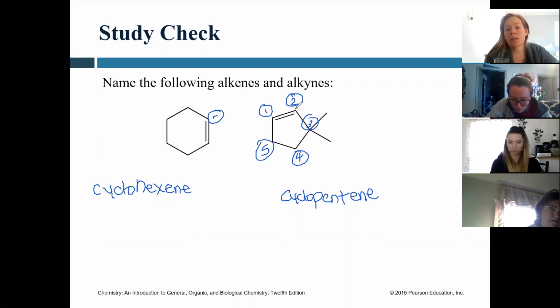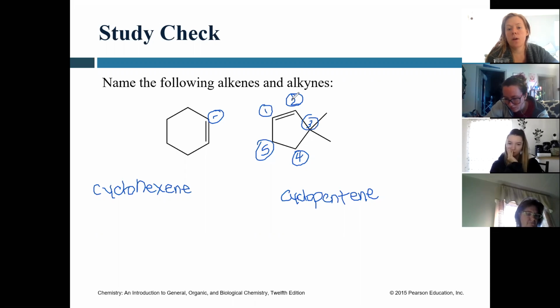You may be wondering, well, could we make this carbon 1 and then this carbon 2? No, the carbon 1 is where the bond starts. When you have this cyclo, the double bond will always be between 1 and 2. I wouldn't want to count this way because it would be 1, 2, 3, 4. This would be putting it on the 5 for the accessories.